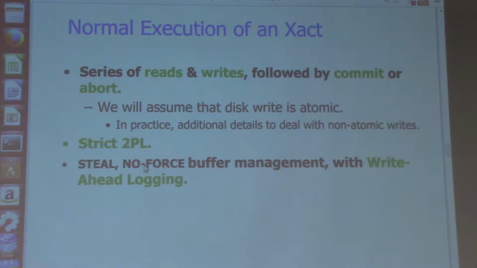In practice, it may not be. That means during the write of the TT and the DPT, the system may crash at that exact moment. In general, this is not a problem because you can always go back to the preceding checkpoint. Just ignore the current checkpoint. But for efficiency purposes, people try to do a little bit better than that.